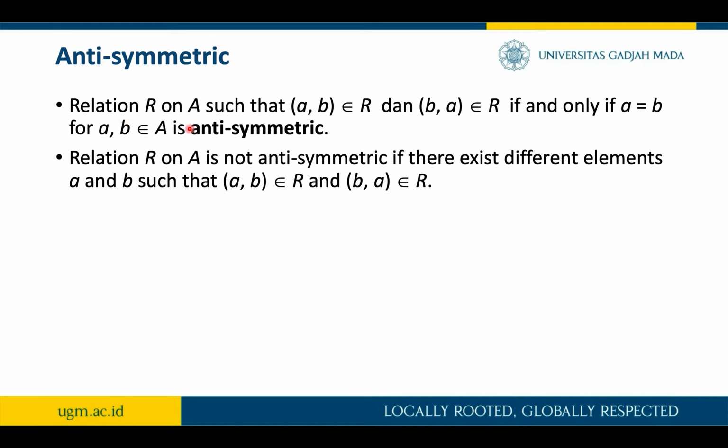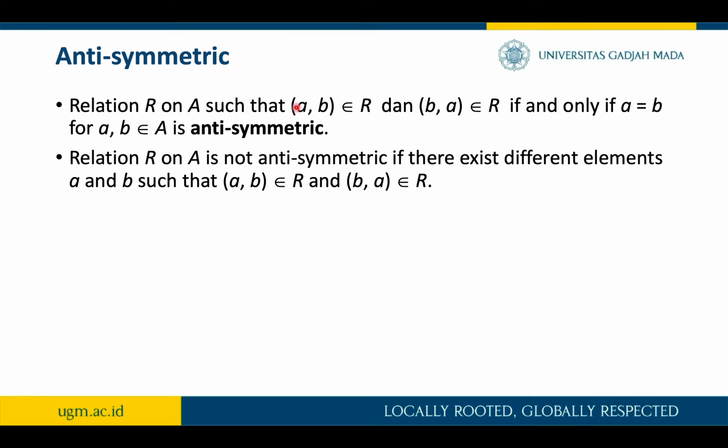Okay, a relation R on A is anti-symmetric if (a, b) is an element of R and (b, a) is an element of R if and only if a equals b. That's the meaning of anti-symmetric.